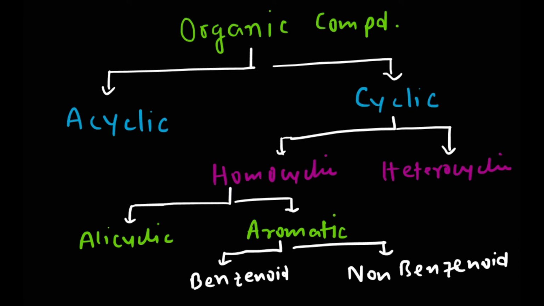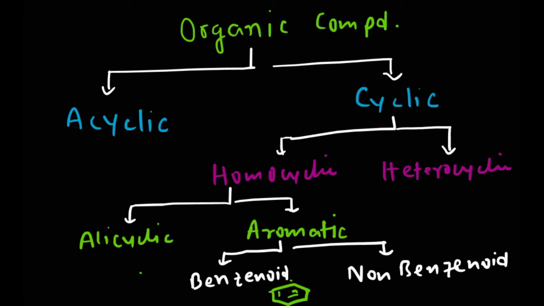In non-benzenoid compounds the benzene ring will not be there, but it should be aromatic because it is a part of the aromatic classification.